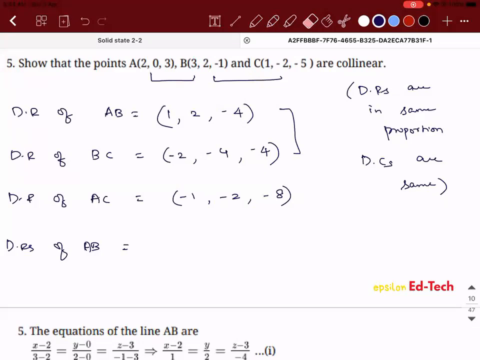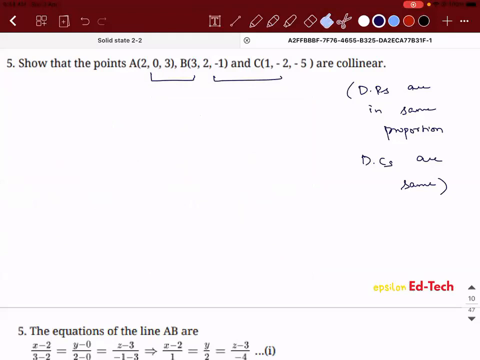I don't know why it is not working. It should work. Okay, we'll do it with another method. So can we write the equation of line through AB? So what is the equation of line through AB?